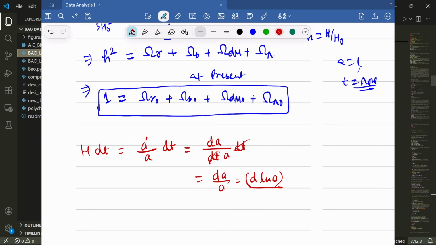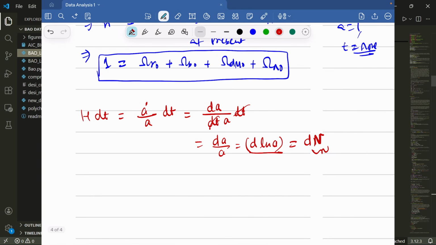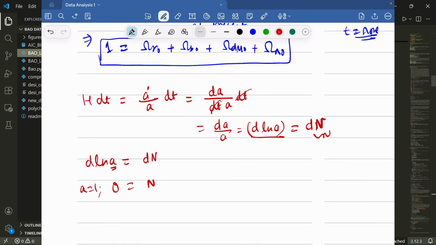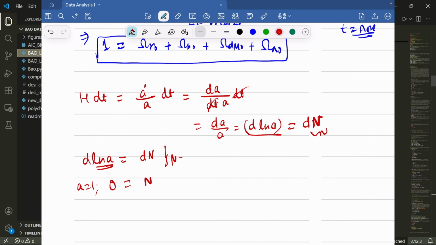So d of log a we usually define as the number of e-folds, dN. It's similar to our time variable, but this N will actually go into the past. How? Because this is d log a, dN. a equal to 1 means we are in the present. Log of 1 becomes 0, so N is equal to 0, because N is your natural log of a. Similarly, as a becomes smaller, let's say we are in the past, a is becoming 10 to the minus 3.